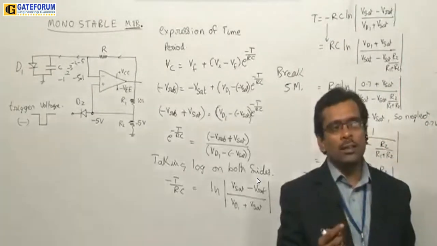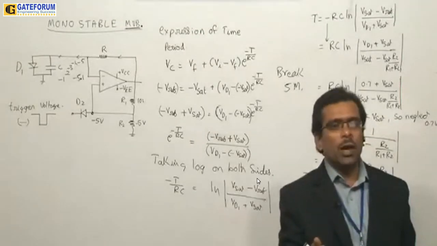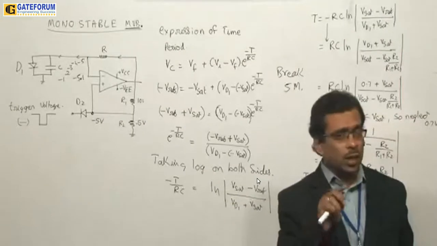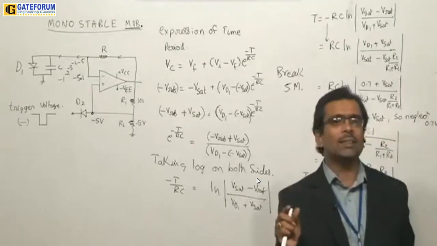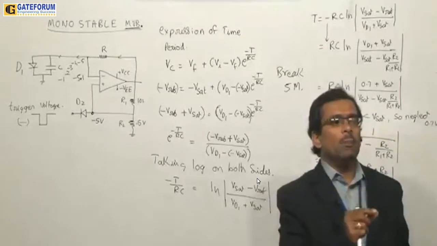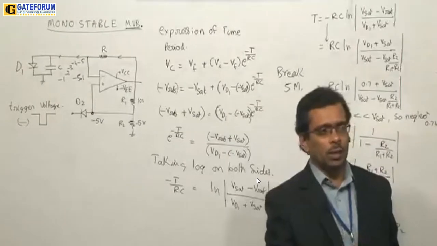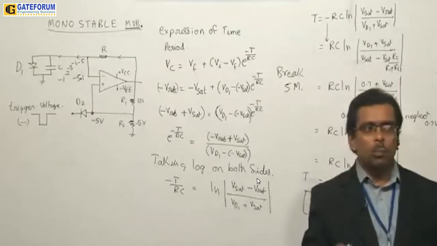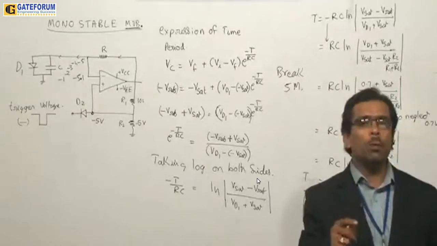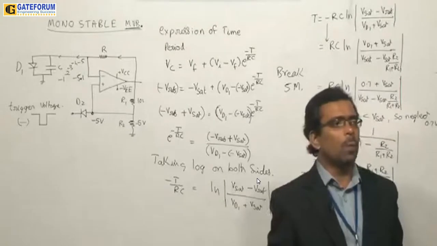But you should not understand that 1 microsecond has become 1 millisecond just by the circuit. The circuit will not do that. What you need to understand is the trigger has a smaller time period and the time period of the output of the circuit will be large, just as I was telling. That is the meaning of that statement you have written, Abhishek. Do not assume both belong to the output of the monostable multivibrator. That is wrong.